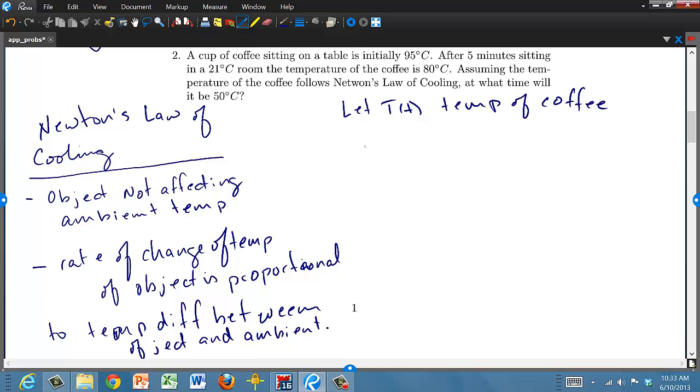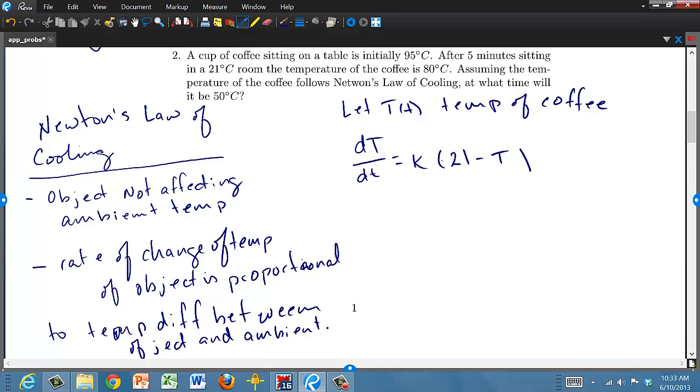So what does Newton's law of cooling say? The rate of change of the temperature of the coffee, dT/dt, is proportional to the temperature difference between the ambient, which is 21, and the coffee itself. Now here I have it written as dT/dt equal to the temperature difference, but it's not saying that it's equal to it, it's saying it's proportional to it.